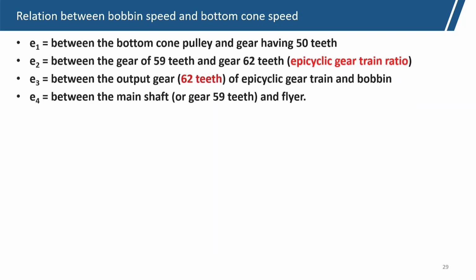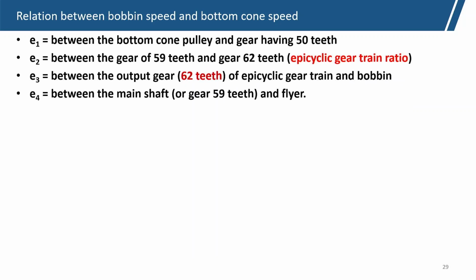Here E1, E2, E3, E4 are the gear ratios. E1 is the gear ratio between the bottom cone pulley and the gear having 50 teeth, which is nothing but the arm in the epicyclic gear system.